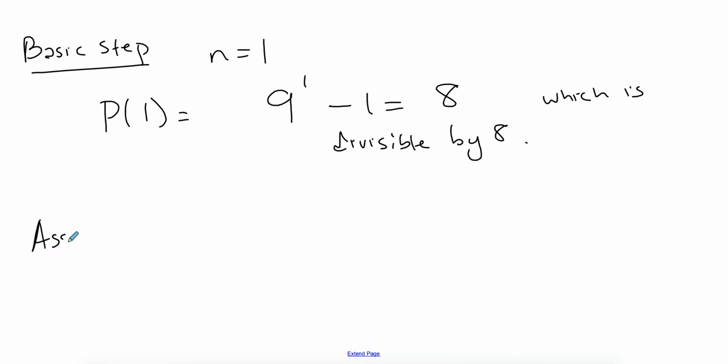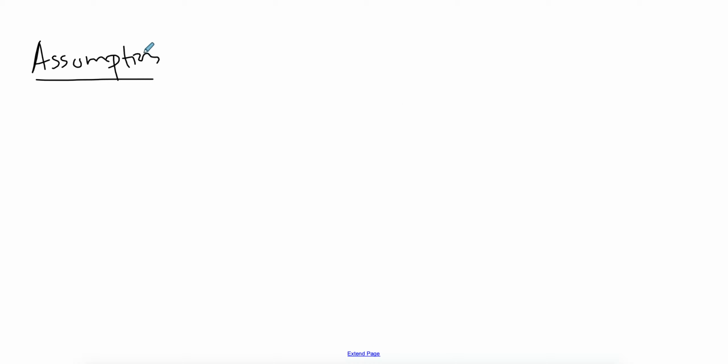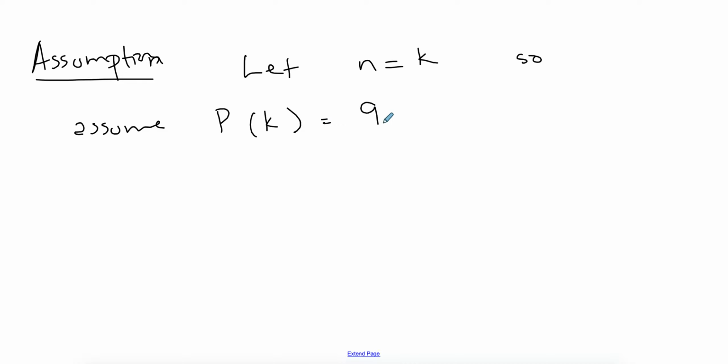So then we go to our assumption, and we say let n be equal to k. So assume P(k), which is 9^k minus 1, is divisible by 8.